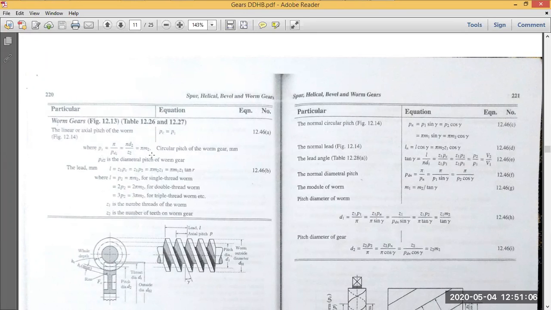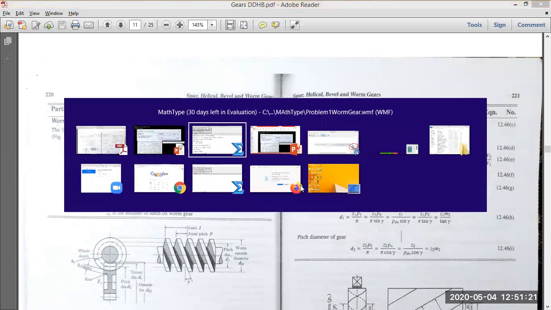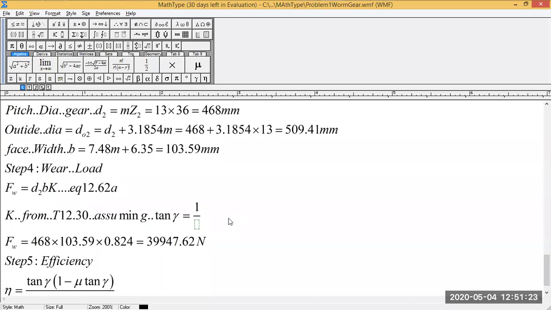Or we can equate this D2 by Z2, which means it is this input here, and your tan gamma will come around here as M Z1.